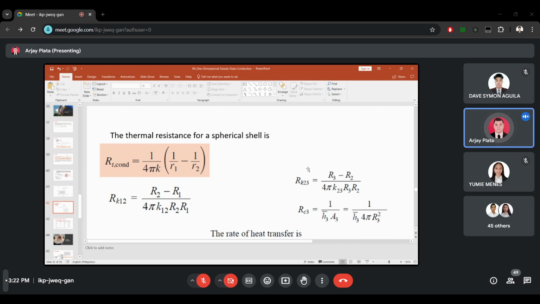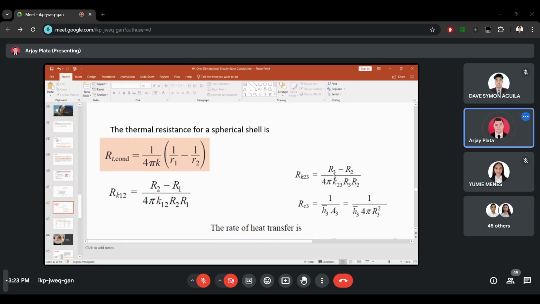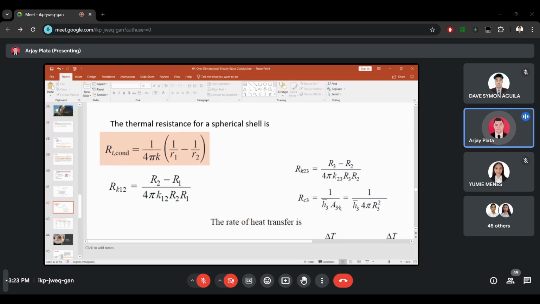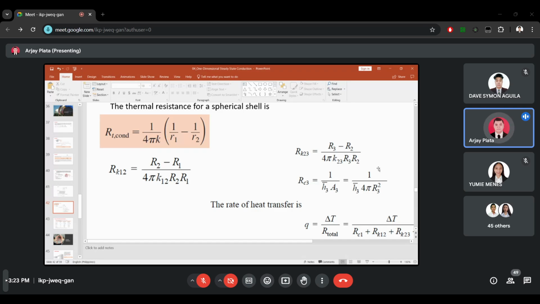Same case with RK23, just get the least common denominator. For RC3, this is a convection heat transfer. Same as RC1, we get the thermal resistance for convection using Newton's law of cooling. 1 over HA is our formula, so 1 over H3 times 4 pi R3 squared.